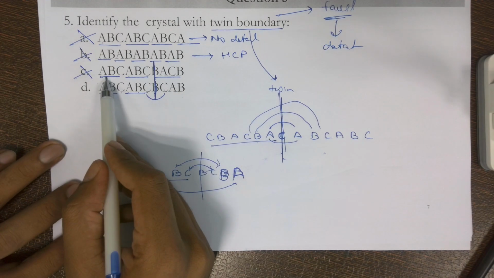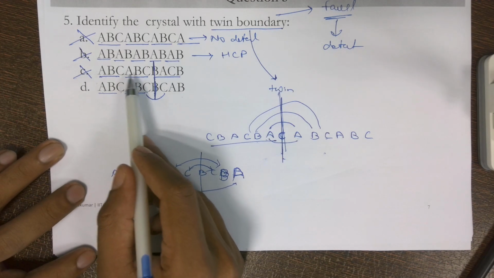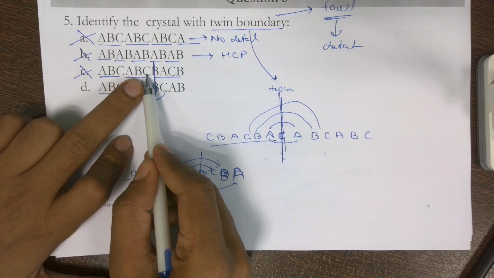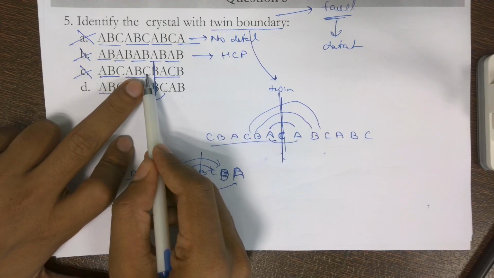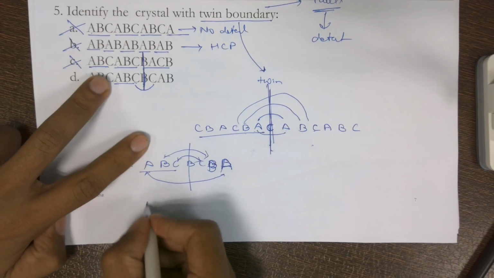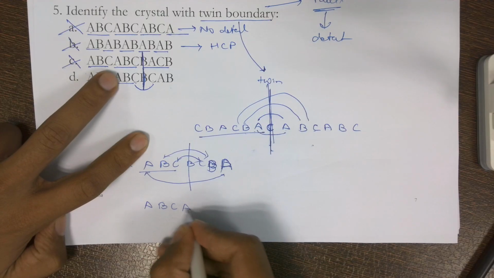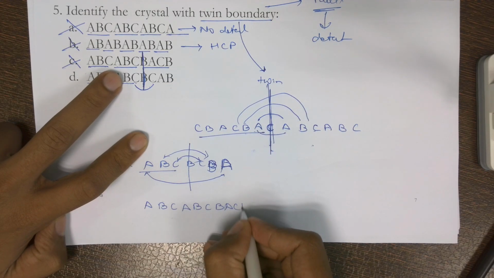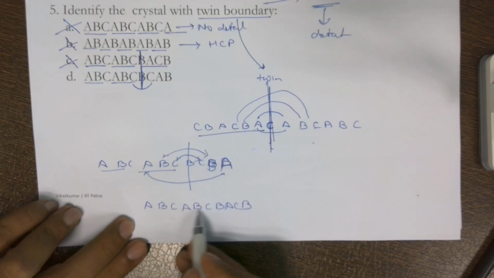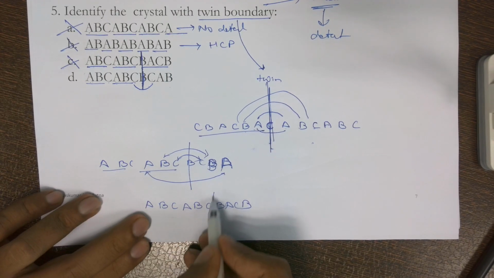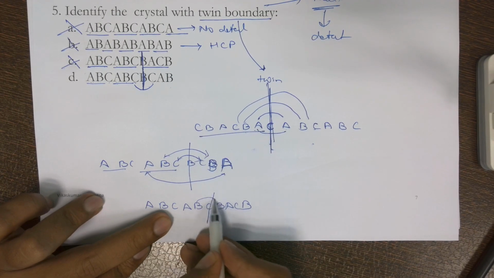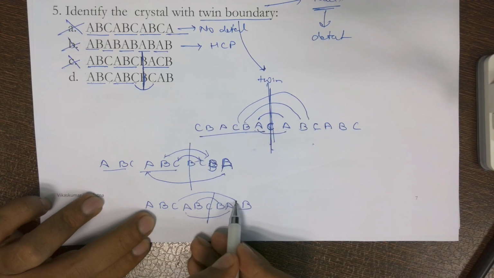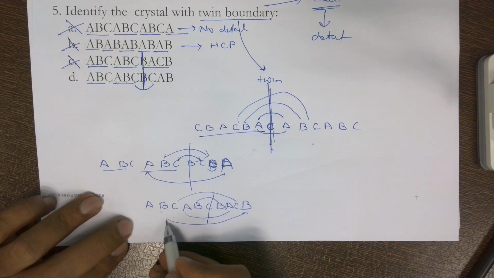Let me just check the third one, A, B, C, A, B, C, B. So there is a fault. About this one, A, C. If I consider this to be the fault, this is B, this is A, then this is C, and this is B. Okay.